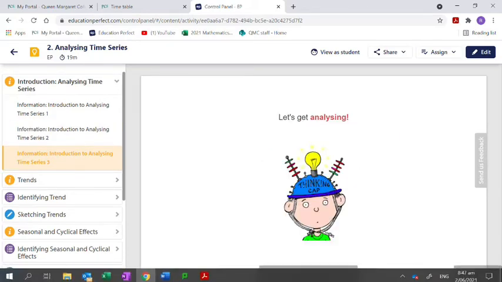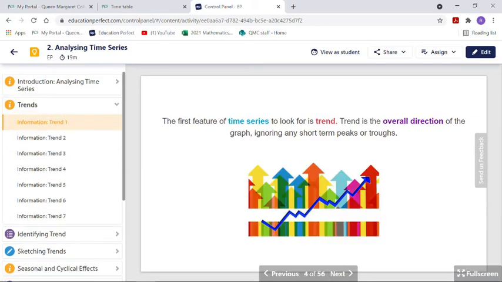So, first thing we're going to look at are trends. Now, when you think about a trend, it simply means the overall direction. So we're not going to pay attention to what's happening in the middle. We're kind of concerned with what's happening overall. So a while ago on that giraffe graph, sorry, couldn't resist.